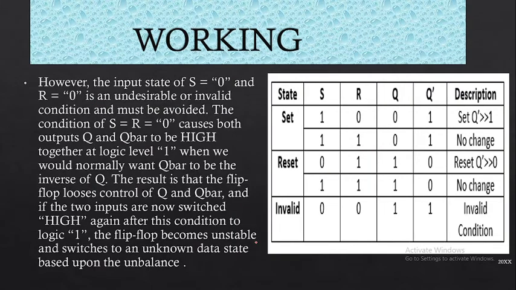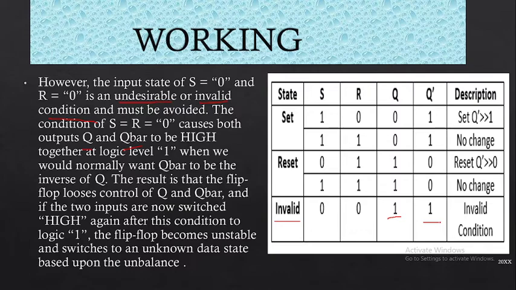Now let's move forward to the final state, where S becomes 0 and R also becomes 0. This is actually an undesirable or invalid condition, because when S and R both become 0, the outputs Q and Q bar become high simultaneously.